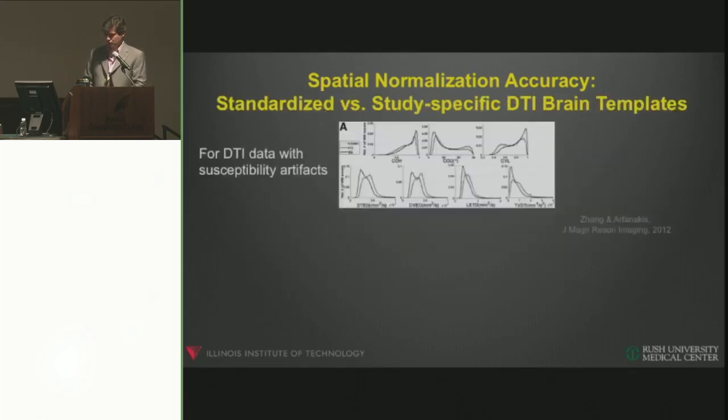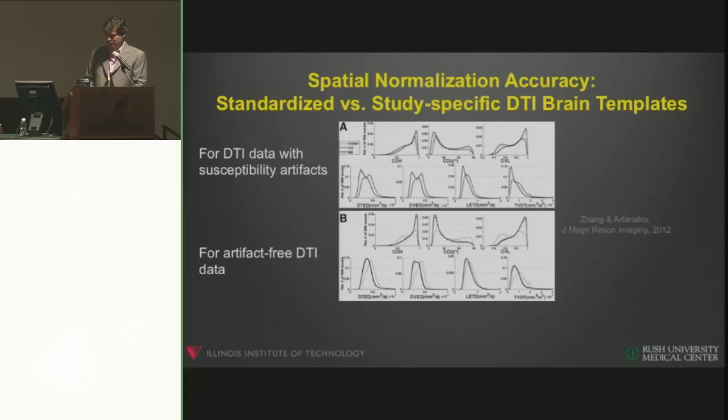Now, we also compared standardized and study-specific templates in terms of spatial normalization accuracy. And we saw that when we were using DTI data with typical susceptibility artifacts, typical EPI artifacts, study-specific templates, shown here in the solid black line, gave higher spatial normalization accuracy compared to what we got with the IIT version 2 template and ICBM 81.